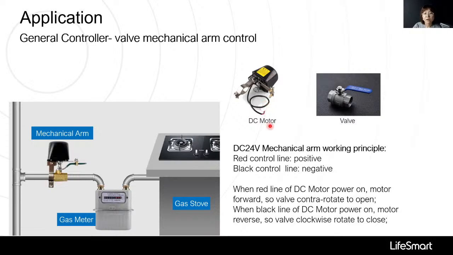When the red line of the DC motor is powered on, the motor goes forward, so the valve rotates to open. When the black line is powered on, the motor reverses, so the valve rotates clockwise to close. So the key is which control line is powered on to control the DC motor forward or reverse.